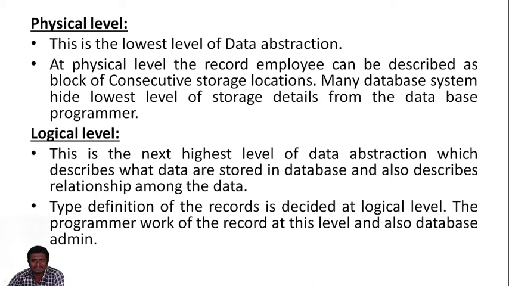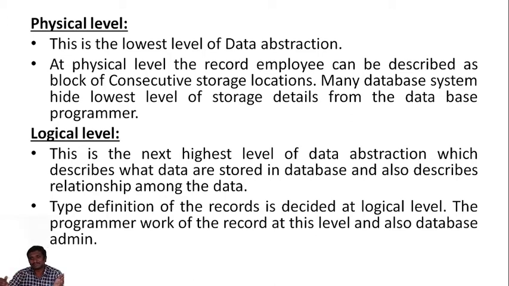At the physical level, the record employee can be described as a block of consecutive storage locations. In a computer system, for example, if I take C programming, we can't see where the program is stored. We can't see how the memory is allocated.